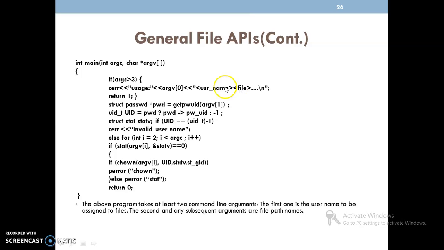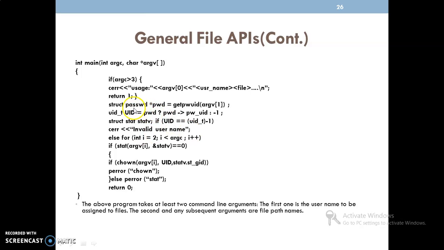If the argument count is only 3, in this case this statement is executed. Otherwise, suppose I have 4 arguments, that means the command to be executed, the username and group name, and the file name.